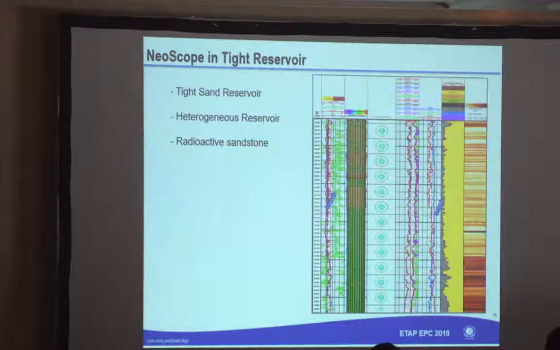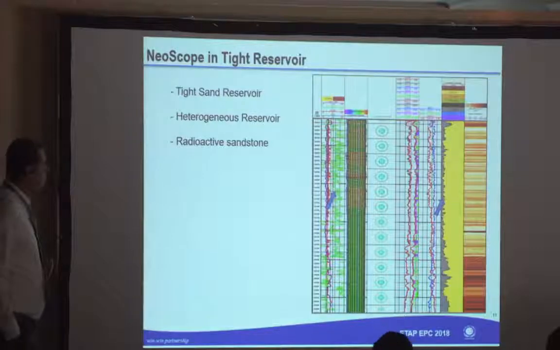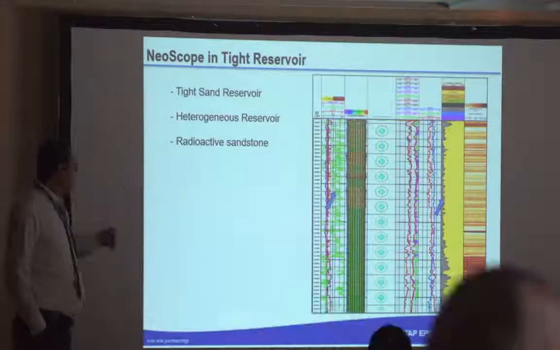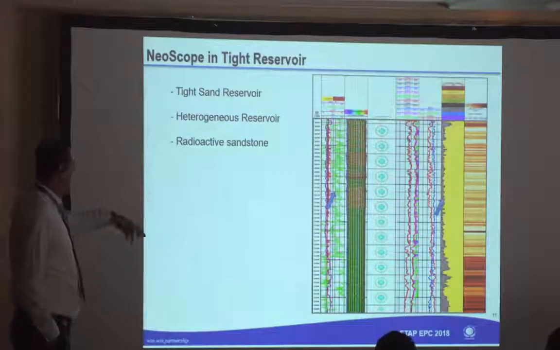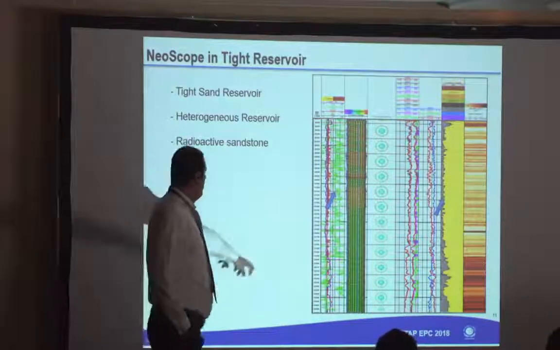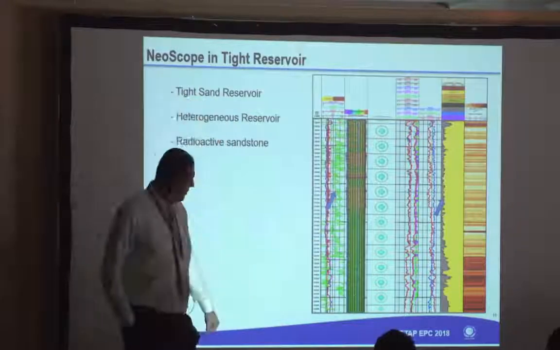Here we have another example in a tight reservoir. We have hot sand. You can see on the gamma ray that the values are really very high. The importance of the tool is in the spectroscopy, which shows that the V clay, or clay volume, is very low compared to the gamma ray, which is really very high on this chart.